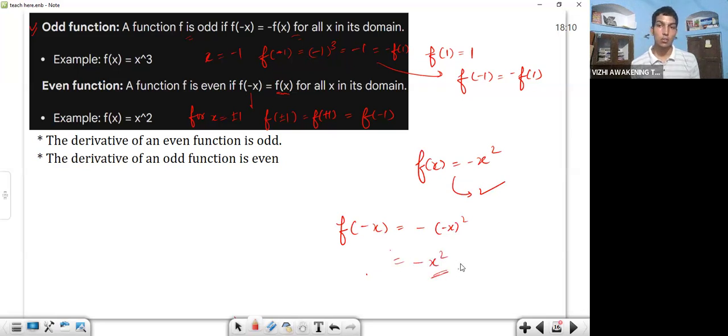So this is also a negative value, but here we can see that f of x is equal to f of minus x. That's why we are calling it an even function, because the sign of the variable does not matter. We are not talking about the sign of the overall result. We are talking about the significance of the sign of the variable. So this is about even and odd functions.